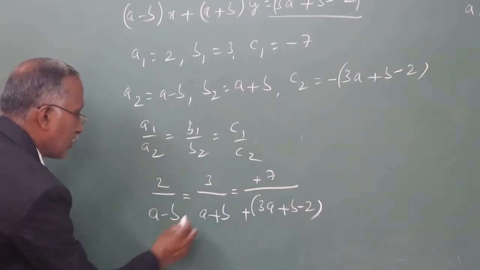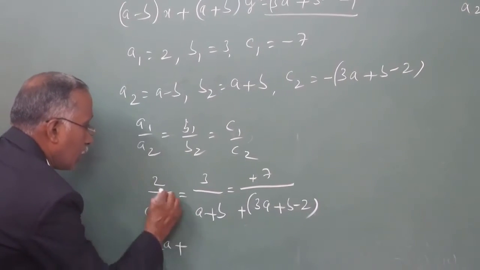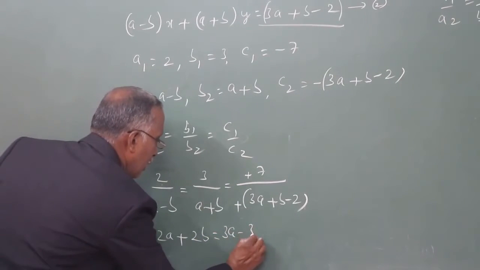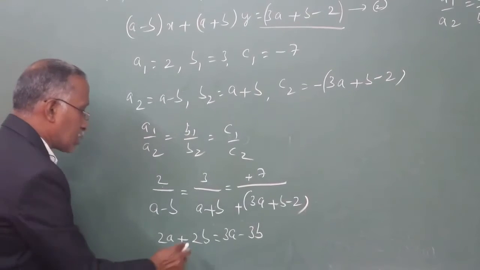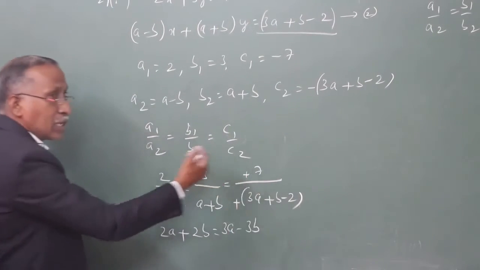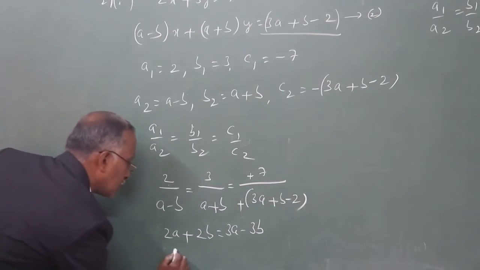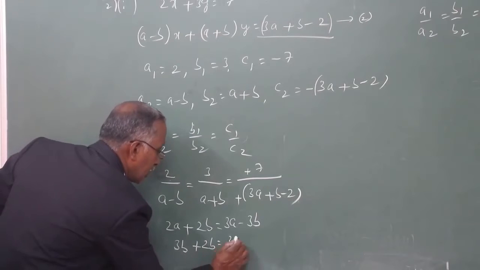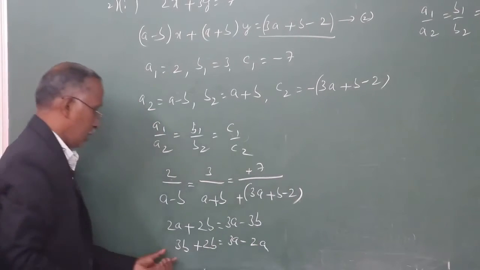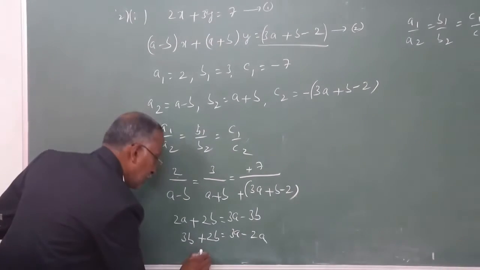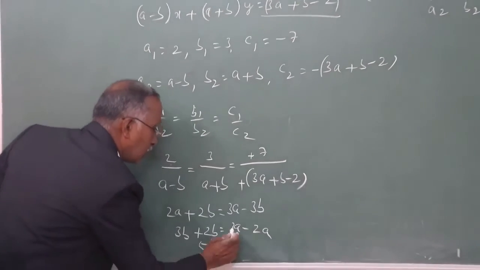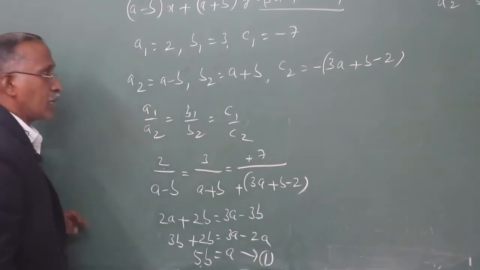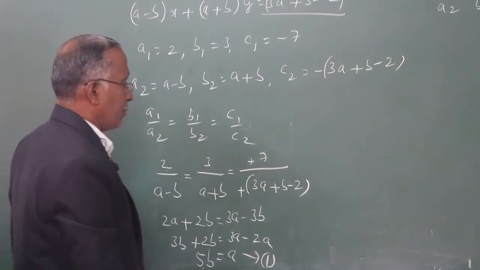Do the cross multiplication. 2 into a, 2a, 2 into b, 2b, 3 into a, 3a, minus 3b. Transpose a to the right hand side, minus 3b to the left hand side. Then this becomes 3b plus 2b equals 3a minus 2a. 3b plus 2b is 5b. 3a minus 2a is a. One relationship we have got: a value is equal to 5b.